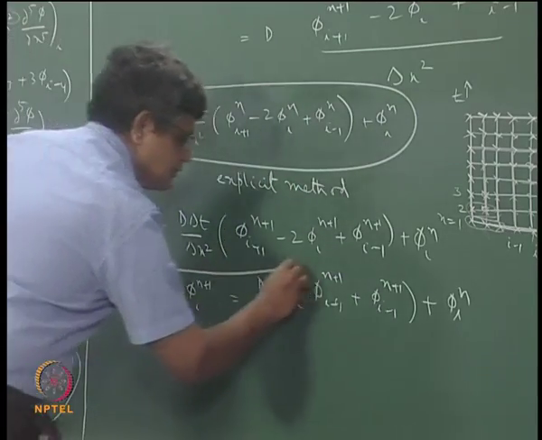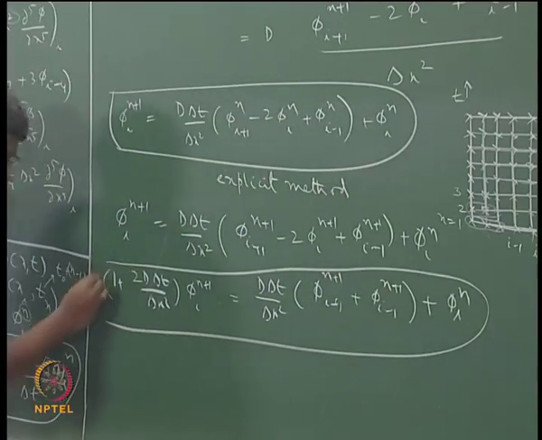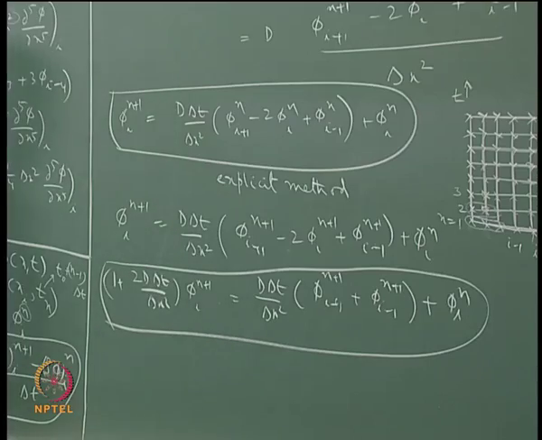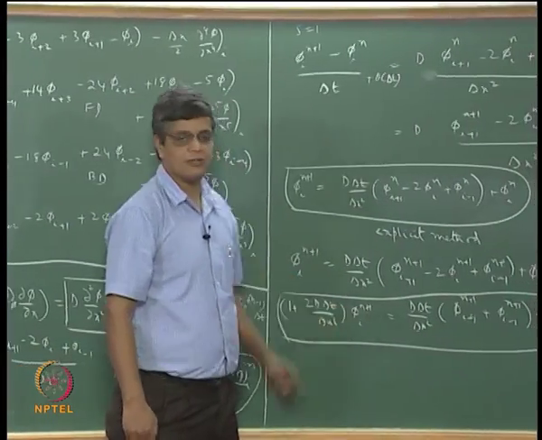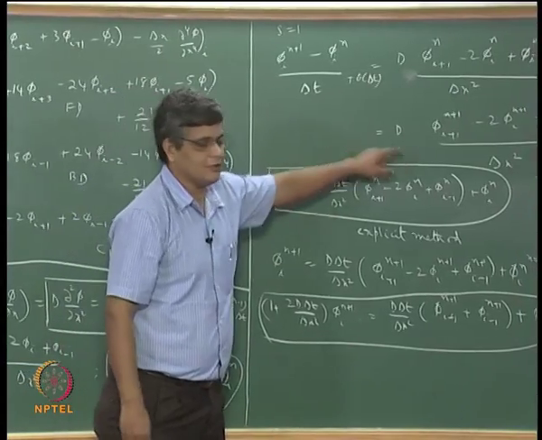So now this is the formula that we have to evaluate phi I at n plus 1 in the second method.